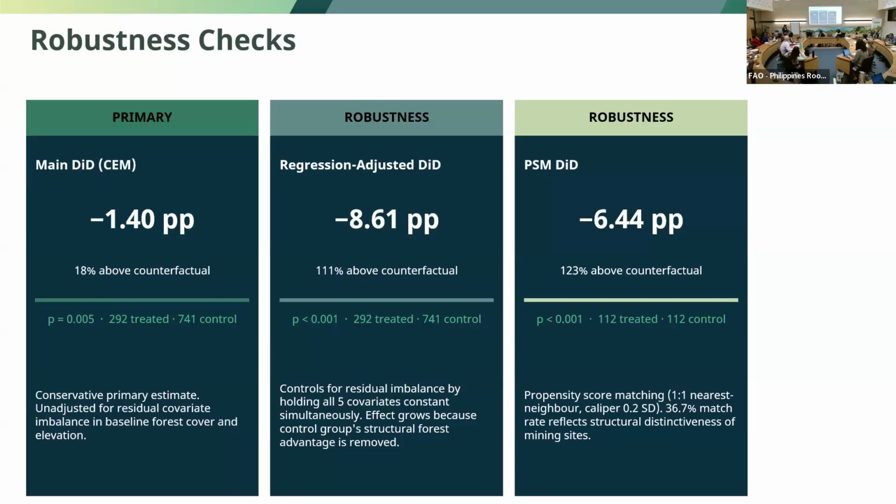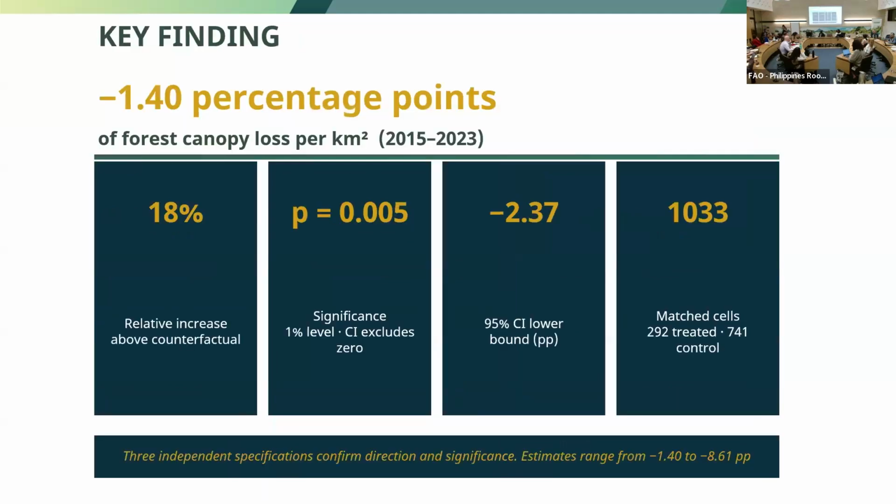Eventually, we decided to settle on the conservative primary estimate using the CEM, because that was where we were able to match the control pool and also the treated pool. But for robustness checking, we looked at the regression adjusted DID and then the propensity score.